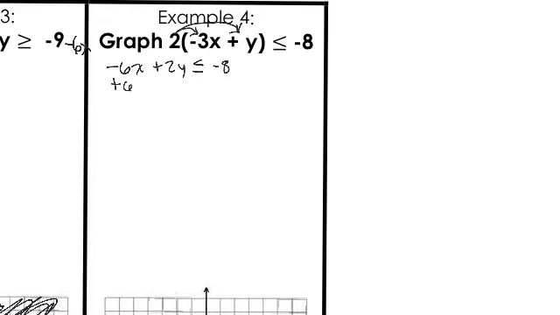So we add 6x to both sides. We have 2y is less than or equal to 6x minus 8. And then divide through by 2. And y is less than or equal to 3x minus 4.